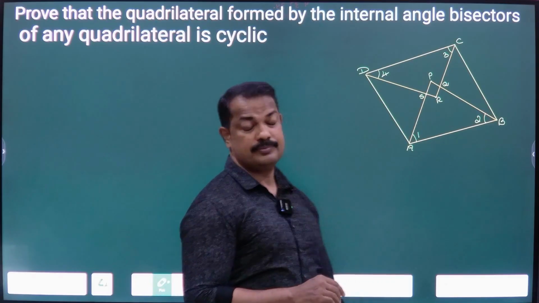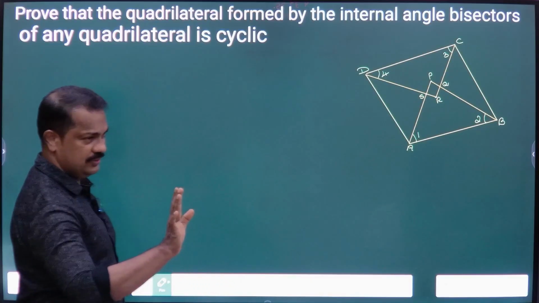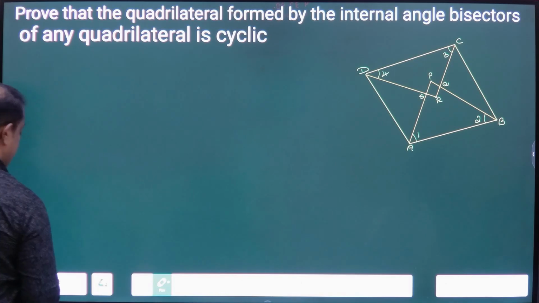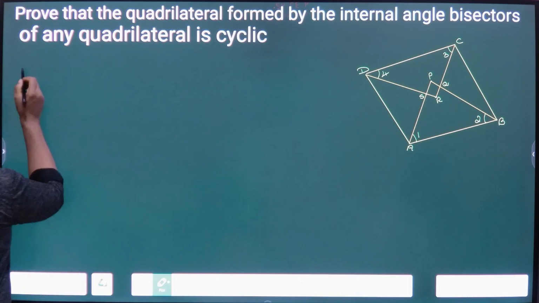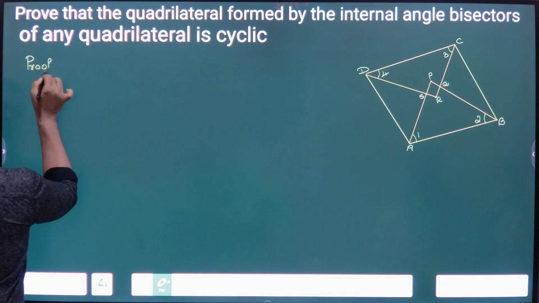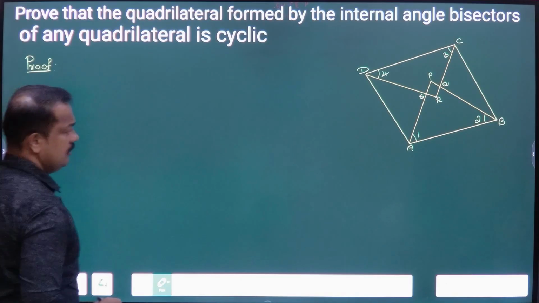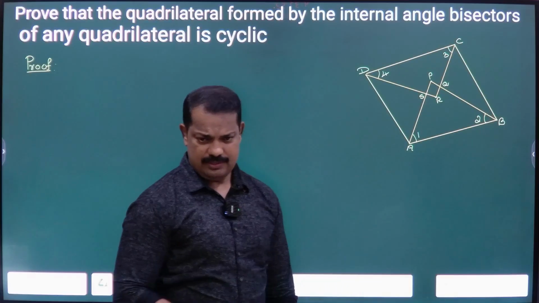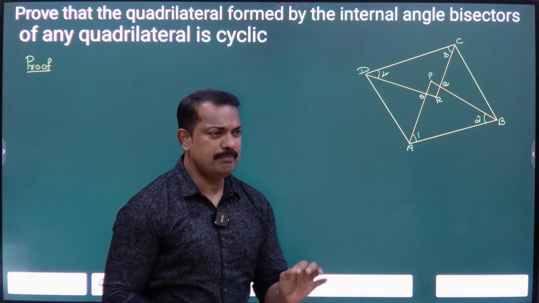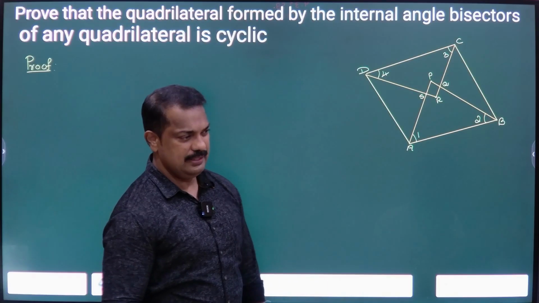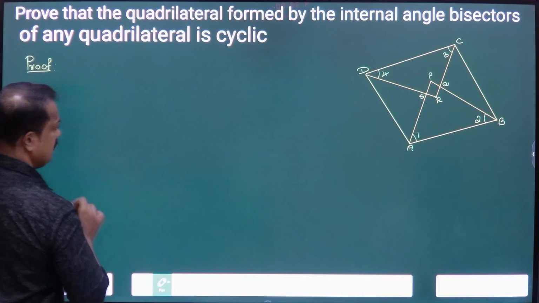Next, proof. Listen. In a triangle, the sum of all the angles is 180 degrees.